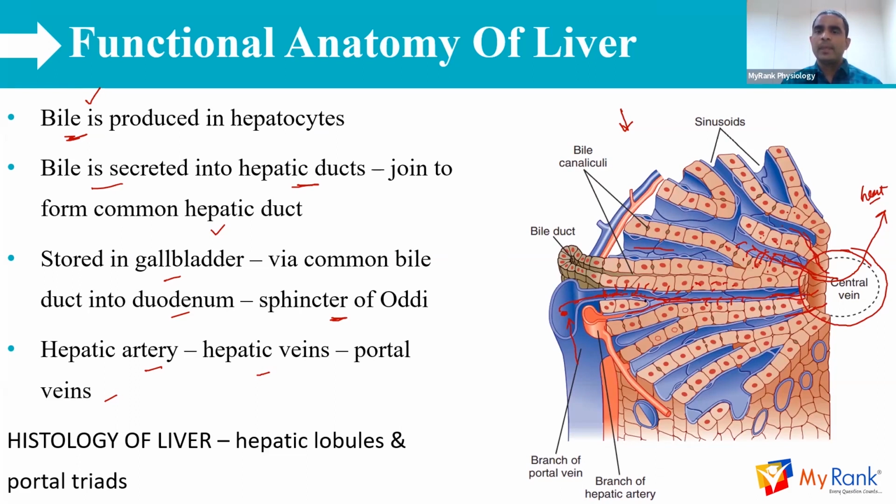That's very nice. And these hepatocytes also require oxygen for their survival. So the hepatic artery is there which has come to the liver, which will also split up into its capillaries and merge its capillaries into the sinusoids. So the capillaries of the portal vein and the hepatic artery are merged to form a sinusoid.